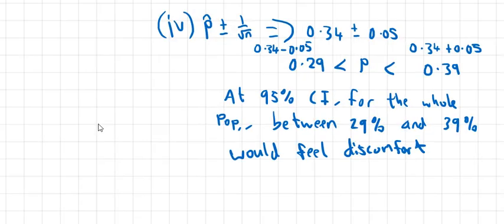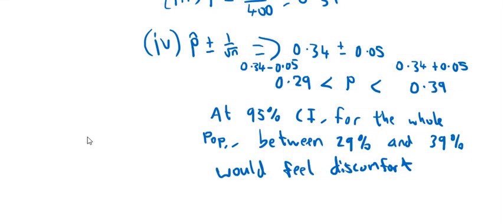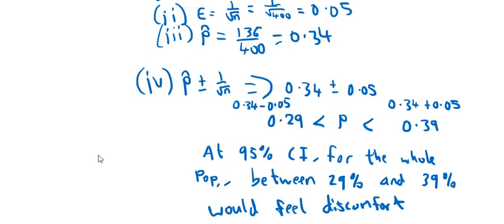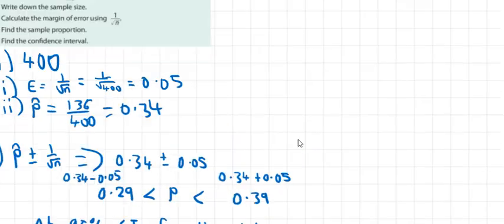So we're 95% sure that between 29% and 39% of people in the whole population, based on that 400 people in the sample, would feel discomfort. So that's our confidence interval.